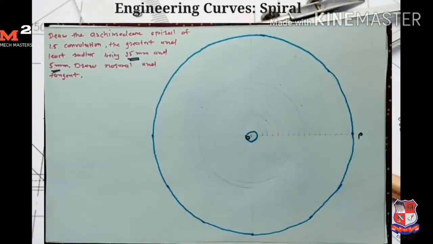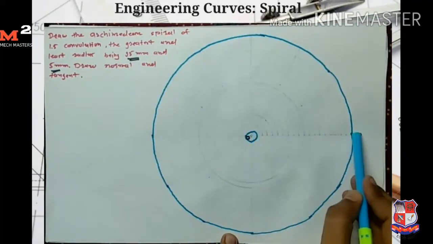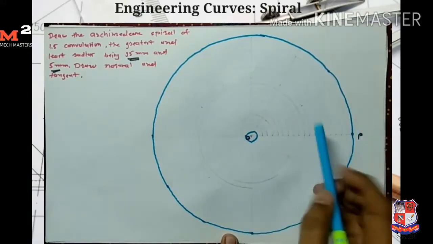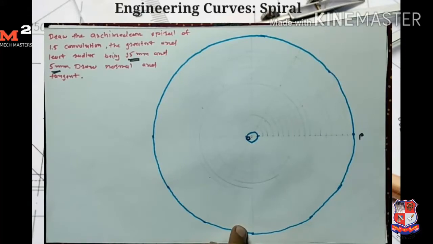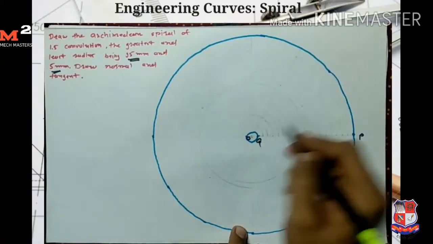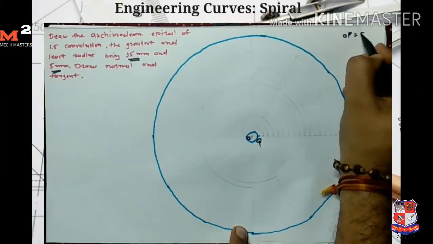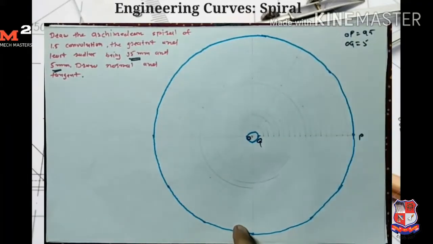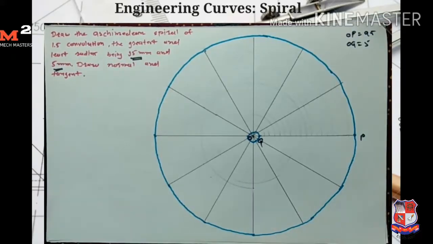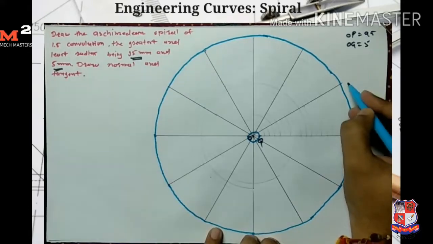OP is 95 mm, and for the second circle I give the name Q. OQ is equal to 5 mm distance. Now I divide the circle into 12 equal parts.